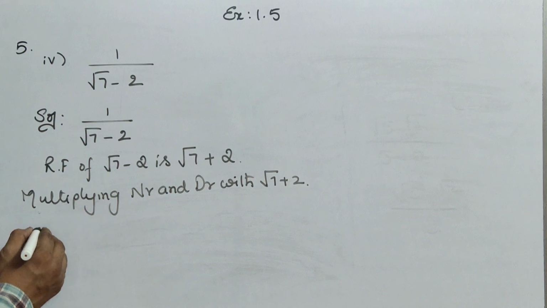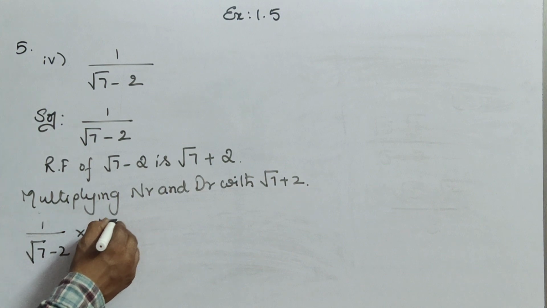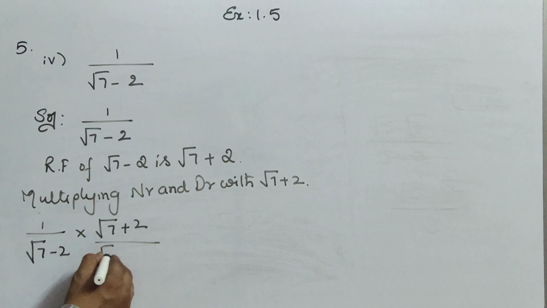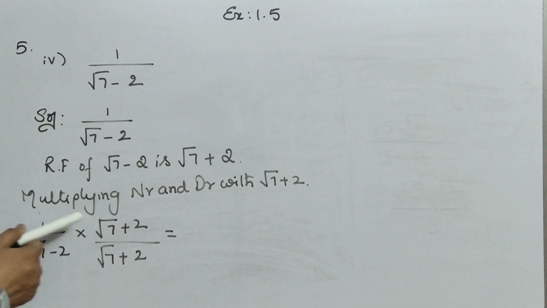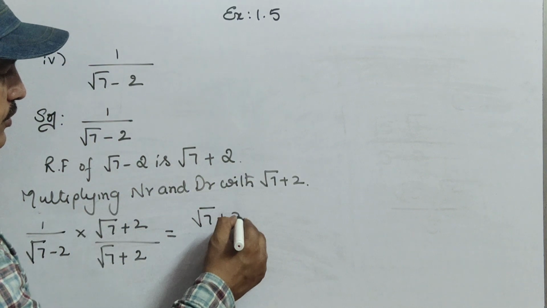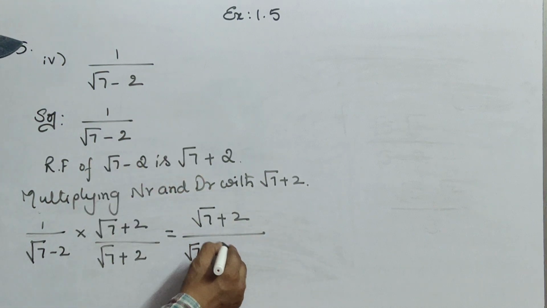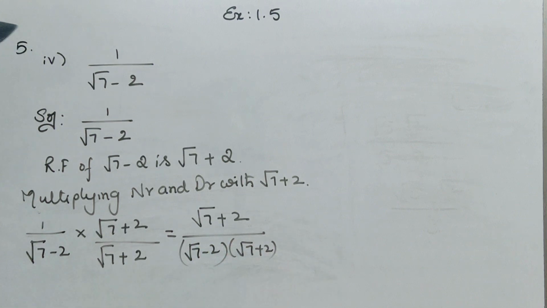Okay, so 1 by root 7 minus 2 into root 7 plus 2 by root 7 plus 2 equals 1 into root 7 plus 2, same, that is root 7 plus 2 by root 7 minus 2 into root 7 plus 2.